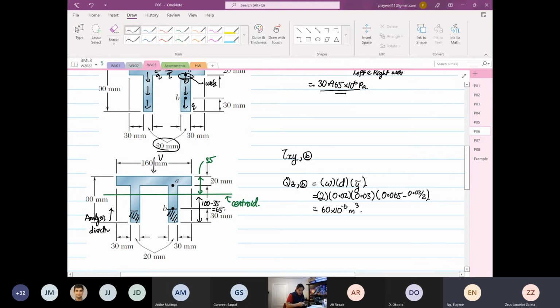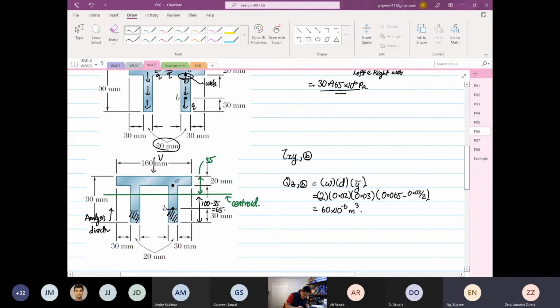Let me do it again. (0.065 minus 0.03 divided by 2) times 0.03 times 0.02 times 2 is equal to 60. Okay, we are good to go. Once you know how to find your maximum first moment of area, everything is easy.